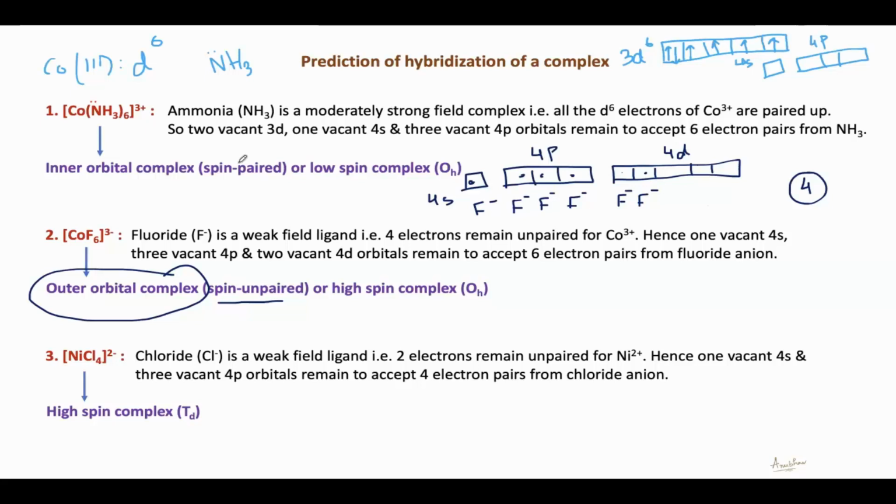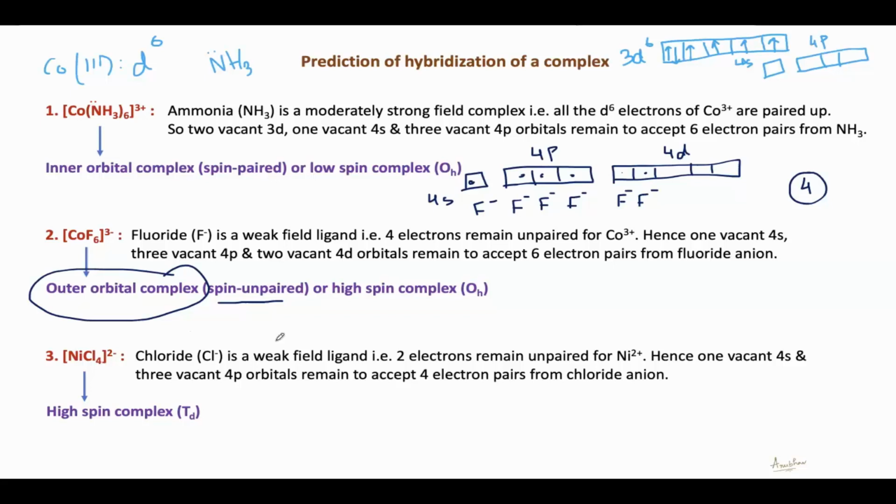Now, let's talk about a different geometry complex, which is NiCl4 2-. So this is the complex NiCl4 2-. Now, likewise, fluoride is also a weak field ligand. So all the halides are actually weak field ligands.